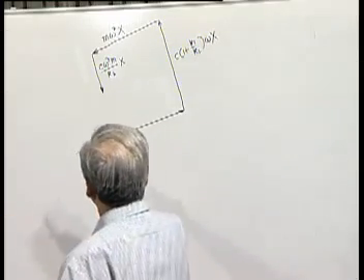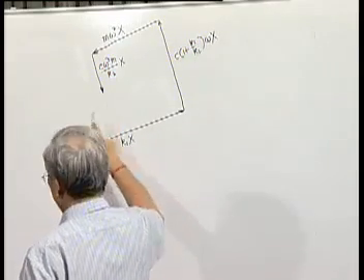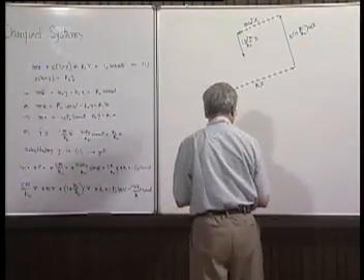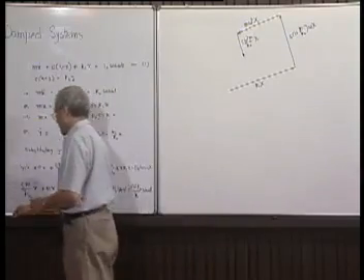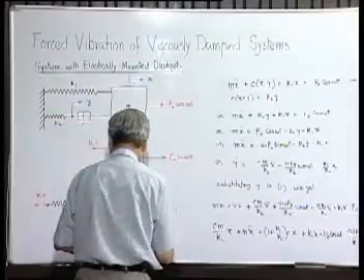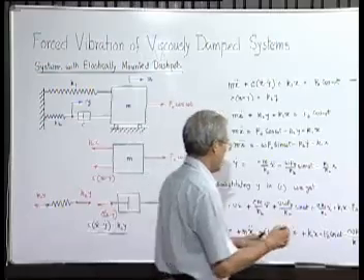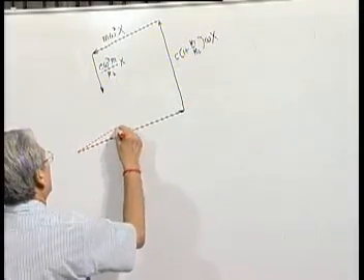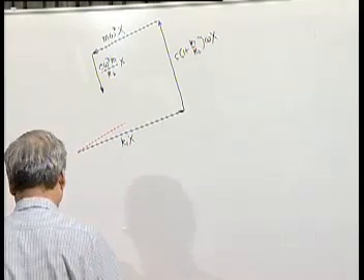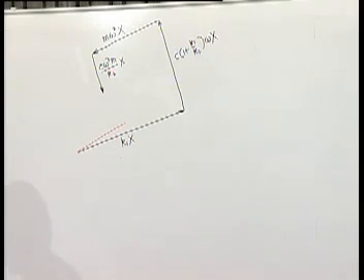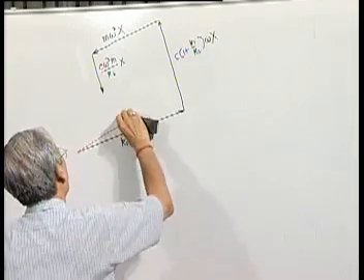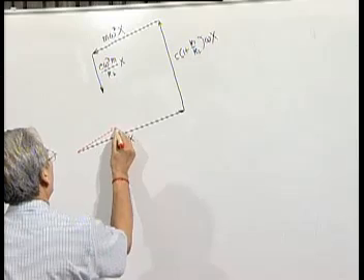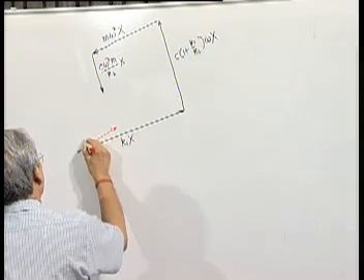So, this is the right hand side. Now, right hand side has now two terms. One we find is f0 cosine omega t, so it is f0.